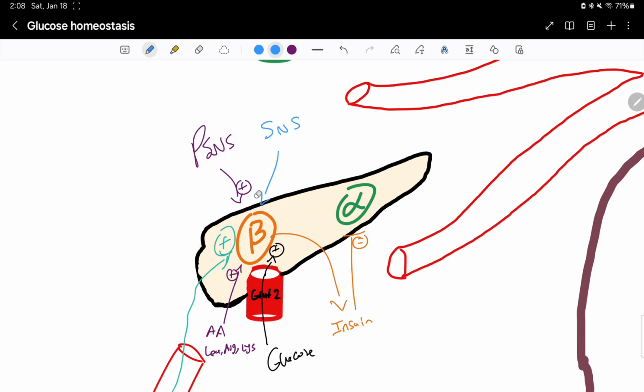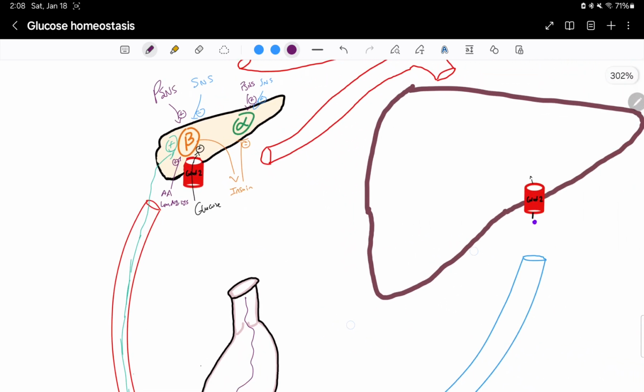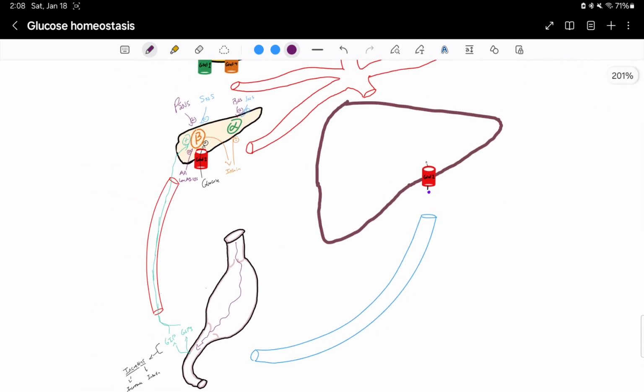That's going to actually inhibit the activity of this beta cell. And this is the exact opposite to glucagon. Remember, we said glucagon is stimulated by both the parasympathetic and the sympathetic nervous system. And this is to ensure that insulin doesn't lower our blood glucose by too much. Great. So that's about the neuroregulation as well.